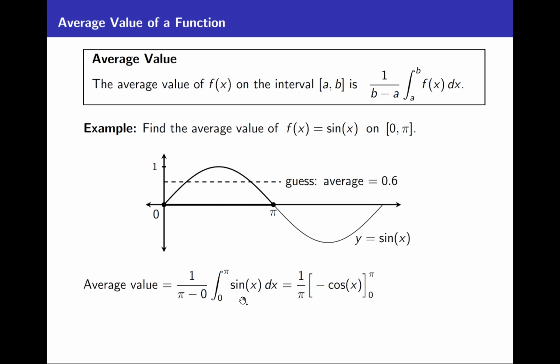And here we can use the fundamental theorem of calculus. To evaluate this definite integral, we need an antiderivative of sine of x, which is minus cosine of x. And the fraction 1 over pi minus 0, that's right there. And so 1 over pi times minus cosine x from 0 to pi.